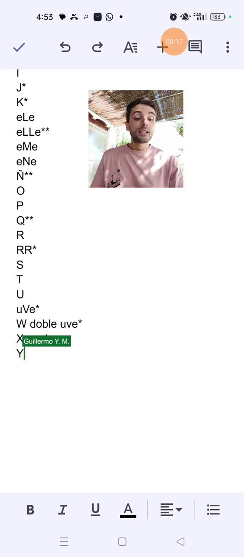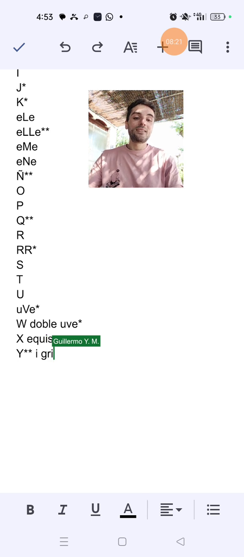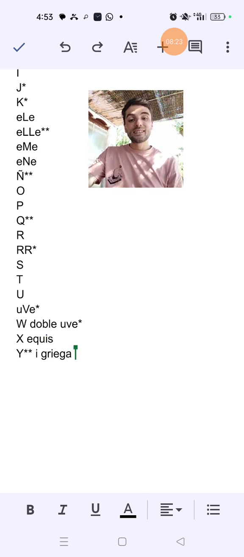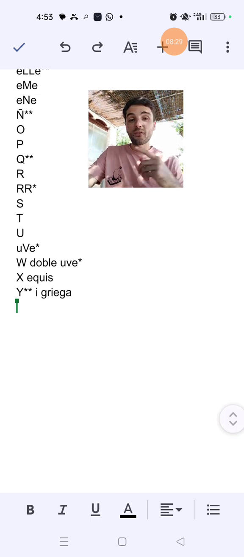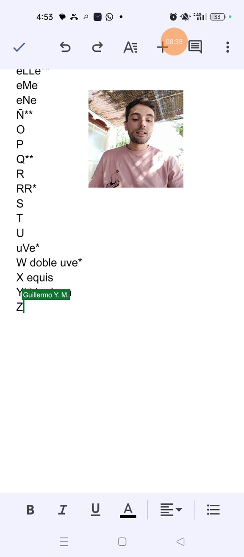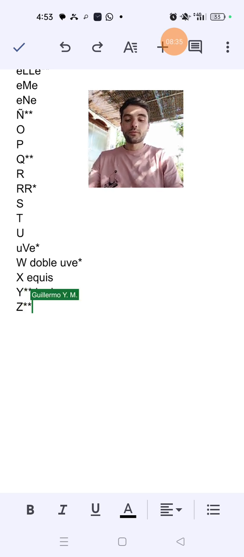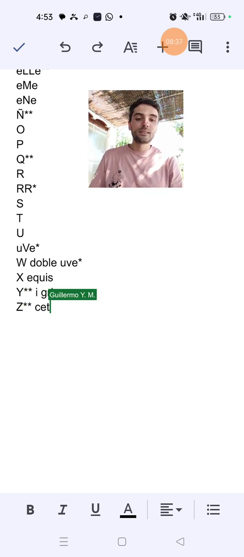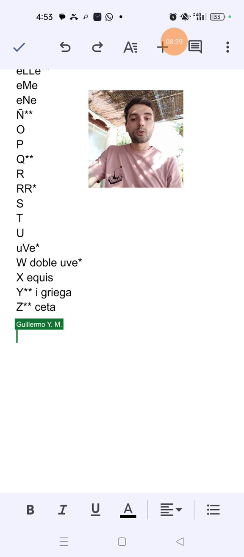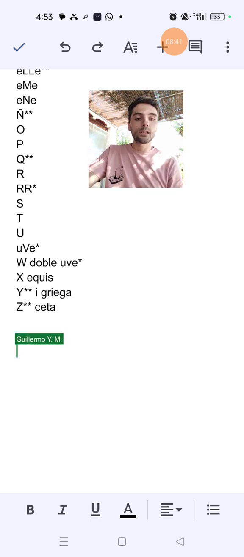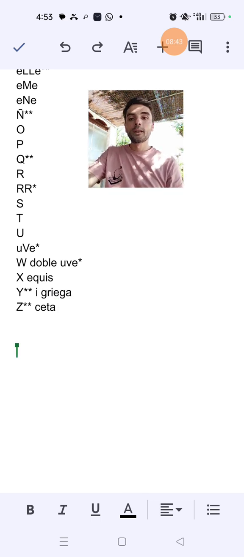And we have the Y. We call it Y. This is a letter that we will have to work on. It has two sounds, can be a vowel and a consonant at the same time. We'll see that later. And then we have the Z, theta. We call it theta. So that also has some kind of difficulty, some kind of rules that we don't have in English.